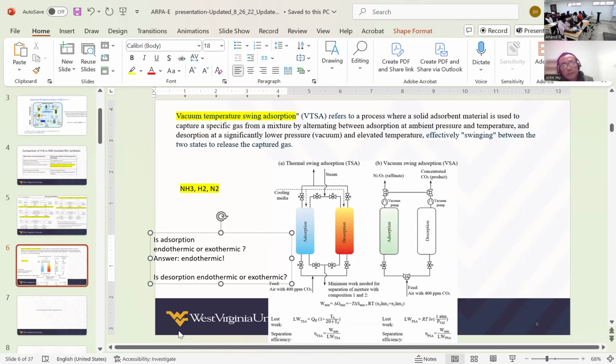Endothermic, sir. Actually, we have changed. It's other way around, sir. Adsorption is exothermic. You change your answer, all right? Yes, sir.